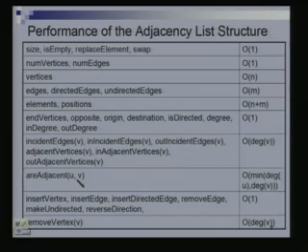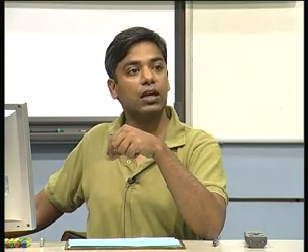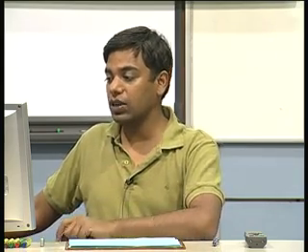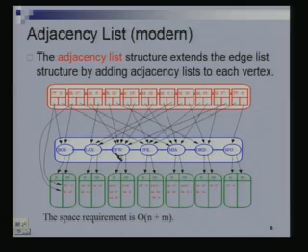Given a particular vertex DFW and let us say MIA, are these two adjacent? Is there a flight from DFW to MIA? I will go to the out list of this and see. No, I will have to do more. I will come to the out list and then I have to go from here to this list here.